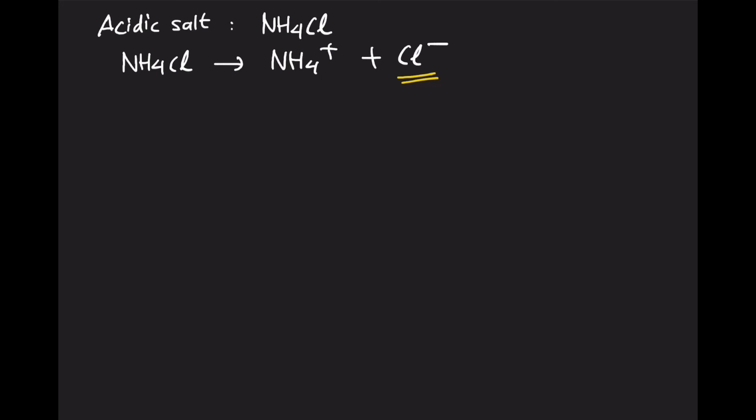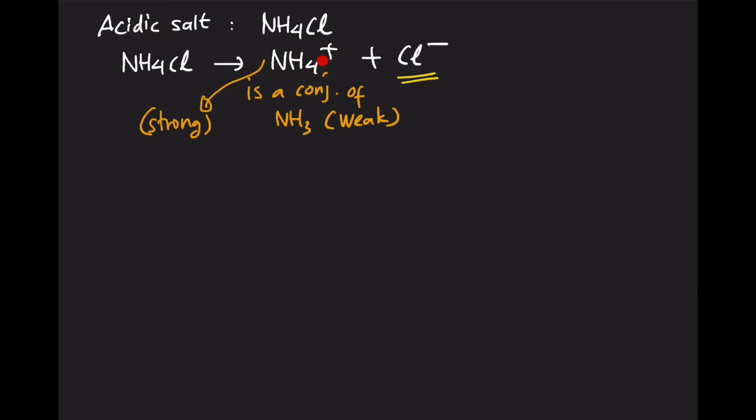So it will not influence the pH of the solution. On the other hand, NH4 plus is a conjugate of NH3. NH3 is a weak base, therefore NH4 plus is a considerably strong acid. Therefore, the acidic properties over here actually come from the NH4 plus.